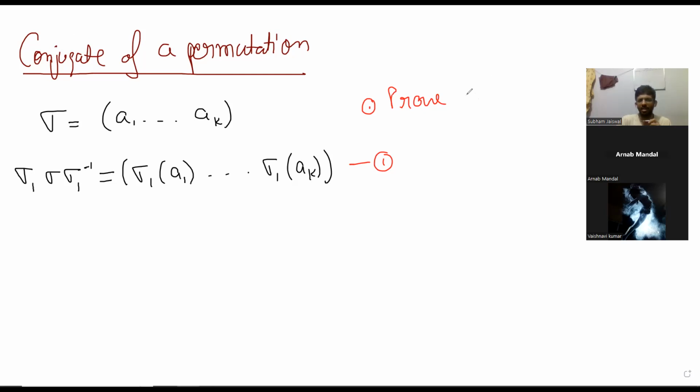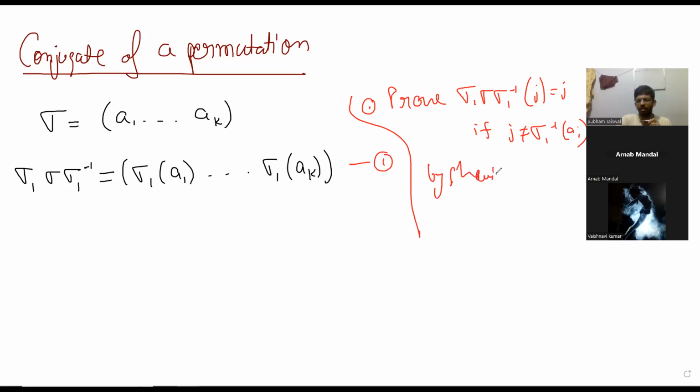So prove that this is equal to j, which is what we just proved, when j is not equal to sigma 1 inverse ai, in a different way, by showing that this is a k cycle.